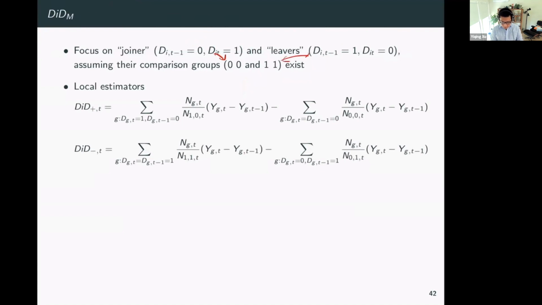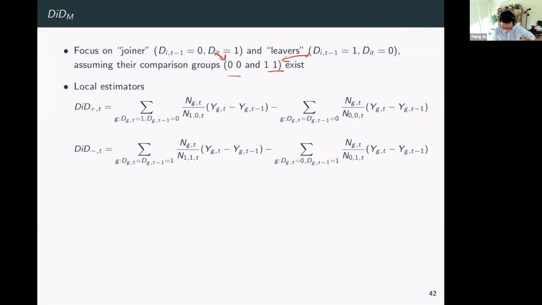For each joiner, it's the change from before to after, subtracted by the before and after change for the comparison group. And leaver is the same: the before and after, subtracting the before and after from the 1, 1 group. There's a bit of notation here, so let me go a little bit slower.